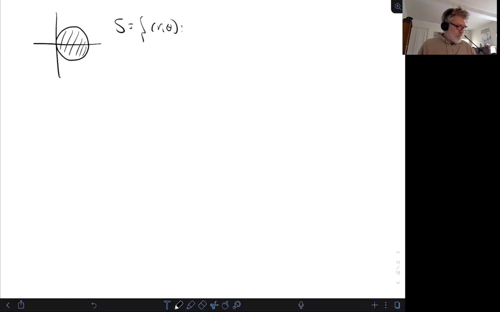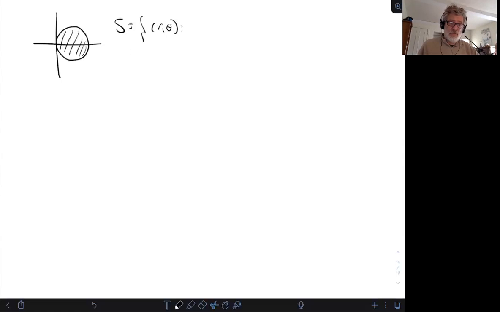Okay, so what's this description? If you recall, the description was the following. The curve is given by r equals 2 cos theta, and the angle here will be going from minus pi over 2 to pi over 2.